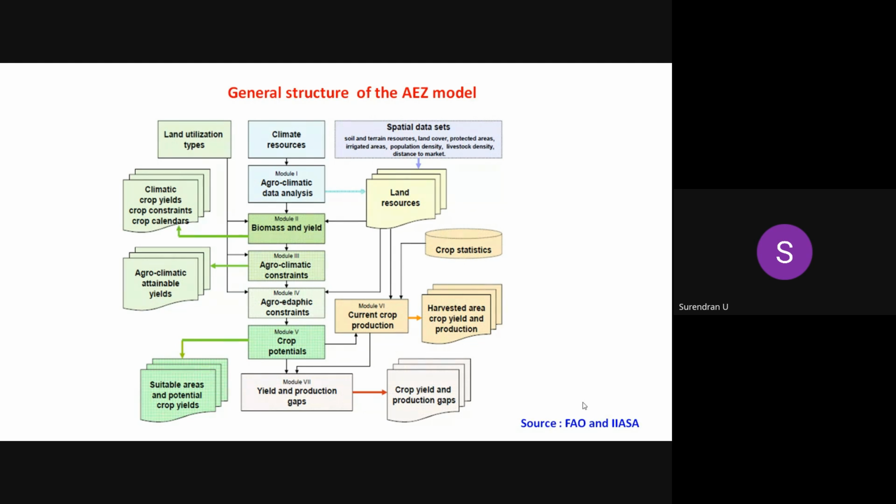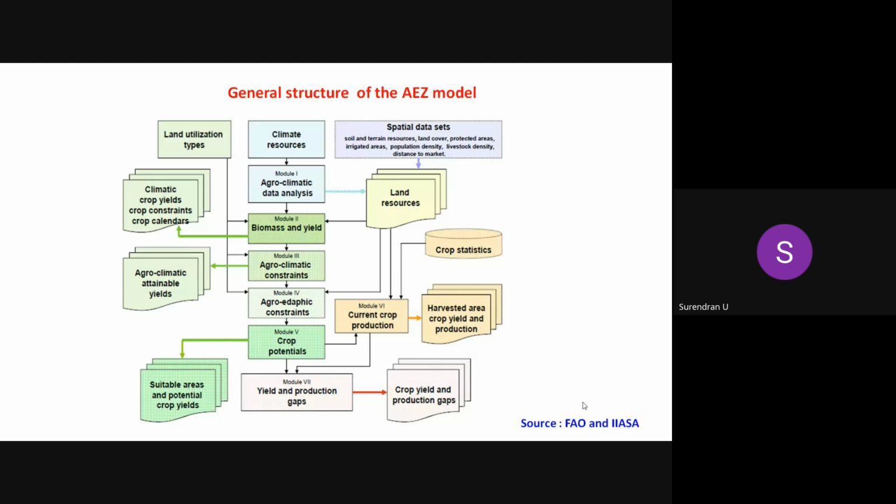It may be due to high or very low temperature, heat waves, or shortfall and deficit in rainfall. These are climatic or weather parameters at the seasonal level. Then the fourth module is agroedaphic constraints, which are soil related issues. It may be soil salinity, problem soils, or soil workability, especially structure related issues. All those are captured in the fourth module.